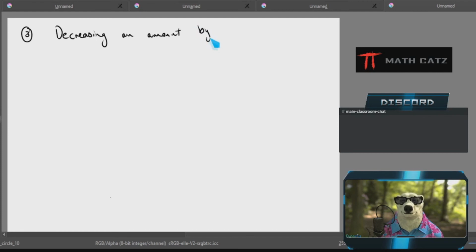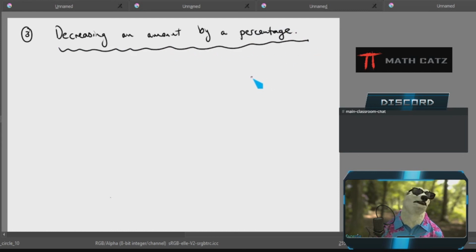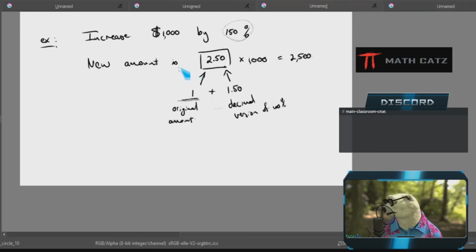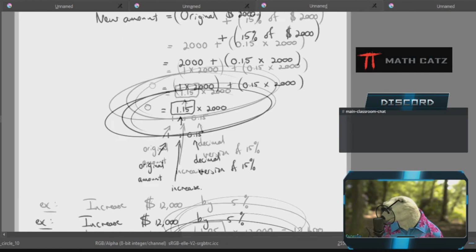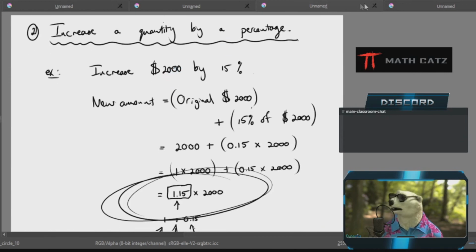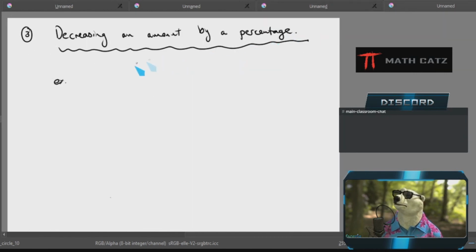Decreasing an amount by a percentage. This is my last one. There are no more. Any word problem I'm going to encounter ever is going to be some mix of something involving these three. So for example, let's do it the same way we did the increase one. Let's decrease $2,000.